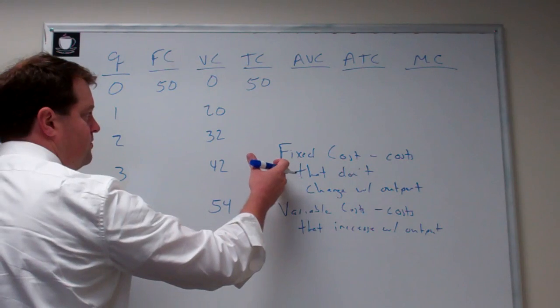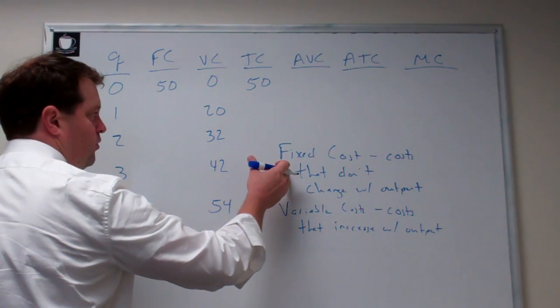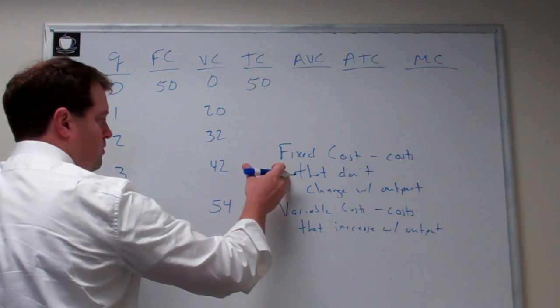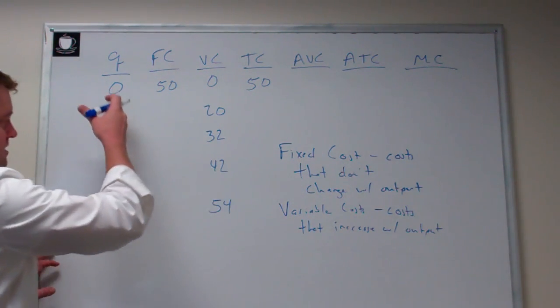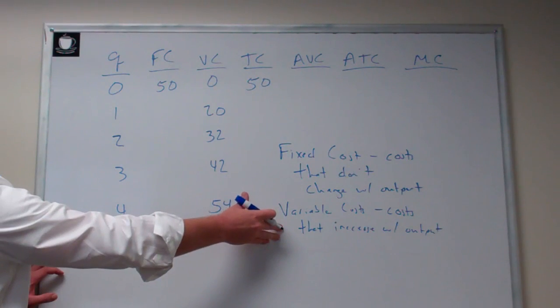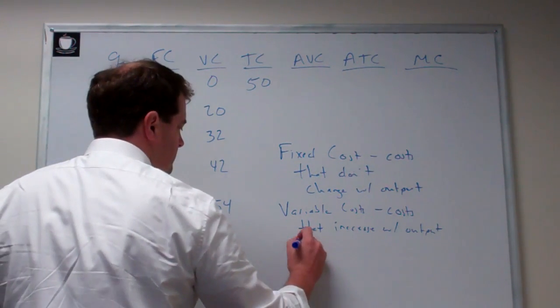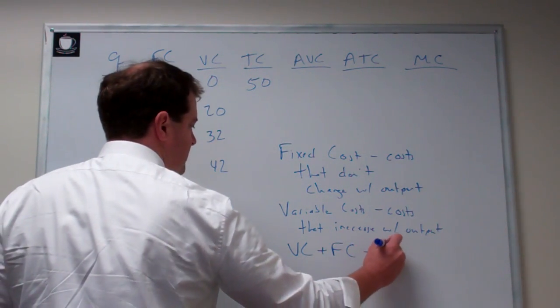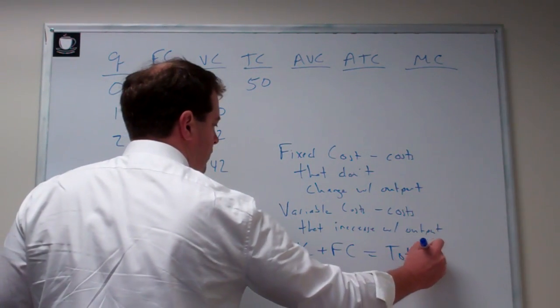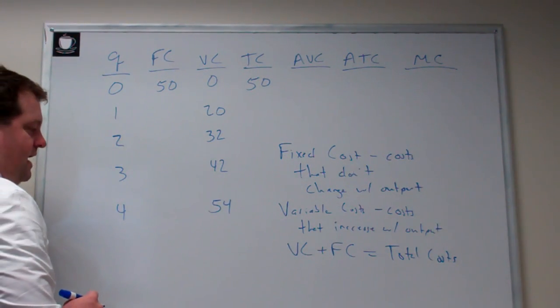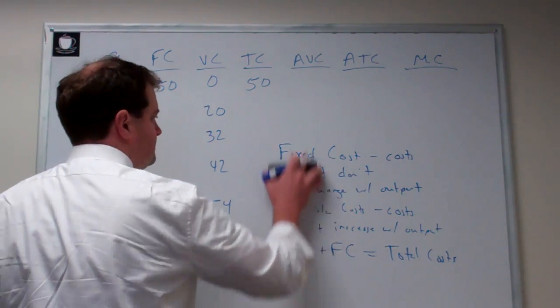So for fixed costs, we're really thinking about the capital the firm works with. Once it's decided on capital levels, it's in the short run, and the only way that it can change its total productivity is to hire workers, which is going to increase variable costs. Together, variable costs and fixed costs equal total costs. So once I have fixed costs and variable costs, I can move on and calculate total cost.